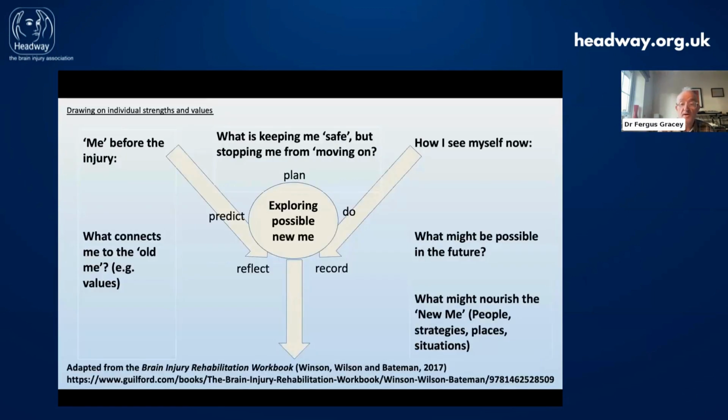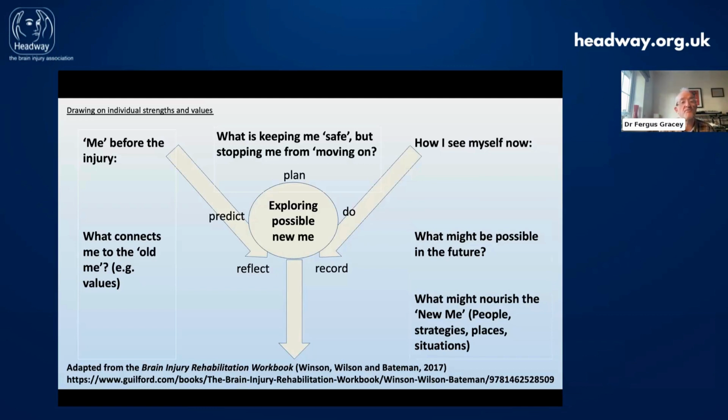So thinking about the rehabilitation side, I've talked about the Y-shape model, and you can use the Y-shape model itself as a worksheet. Here's an example adapted from the Brain Injury Rehab Workbook, Winson, Wilson, and Bateman, which has copyable resources. It's the idea of taking that Y-shape model as a tool to work with family or with the injured person, so they can think about, well, what was I like before the injury?